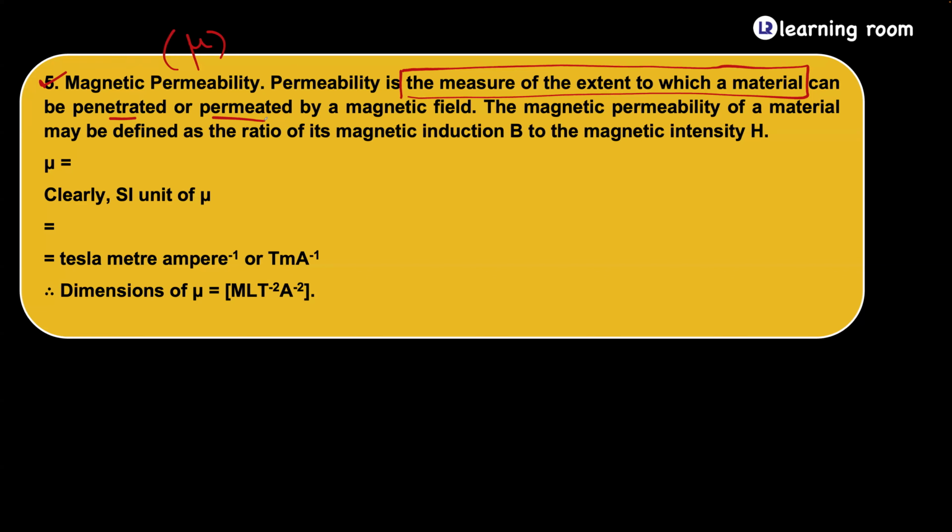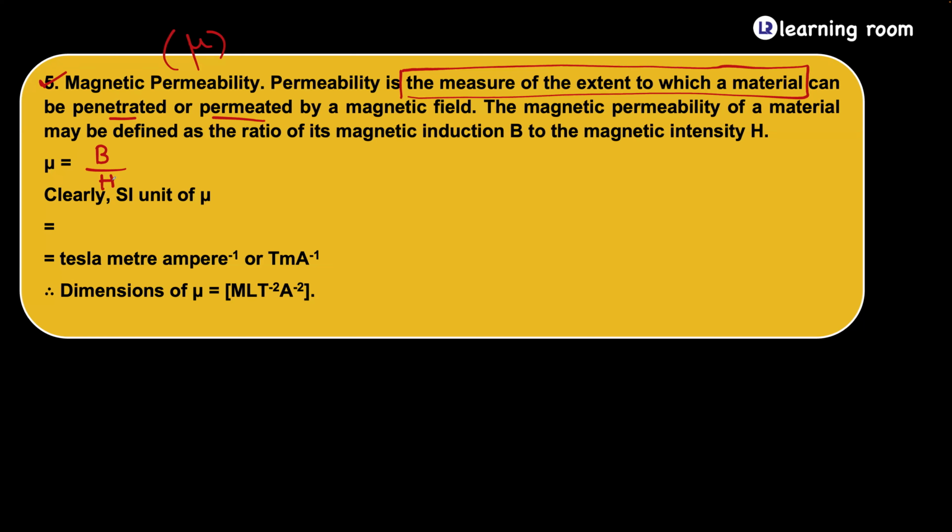Means how much the magnetic substance allows the magnetic field to penetrate through it is defined by this parameter called magnetic permeability. It is defined as the ratio of B and H. It is B divided by H.